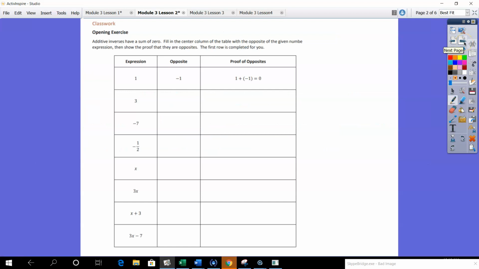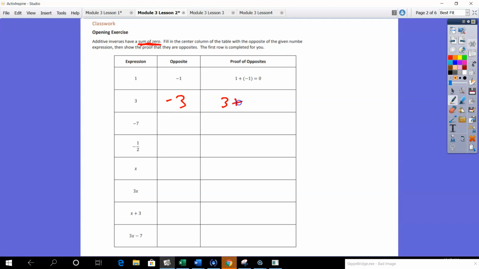Okay, so in your opening exercise, if we look at our first example, the expression is 1. The opposite of 1 is -1. And so the proof is that it has a sum of 0. So 1 plus -1 equals 0. The opposite of positive 3 is -3.